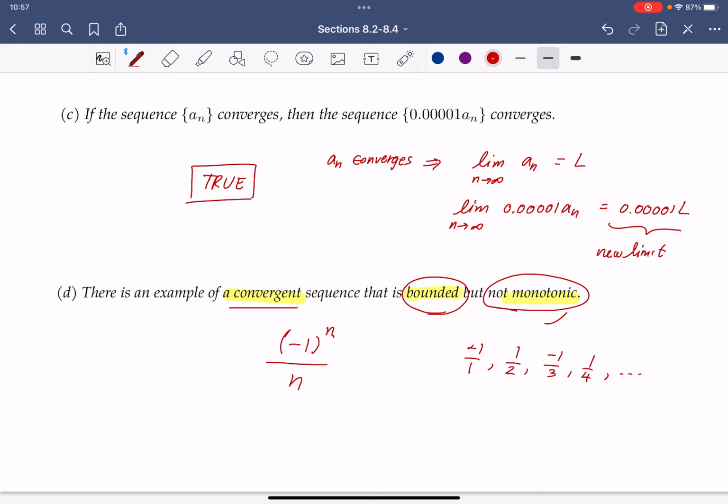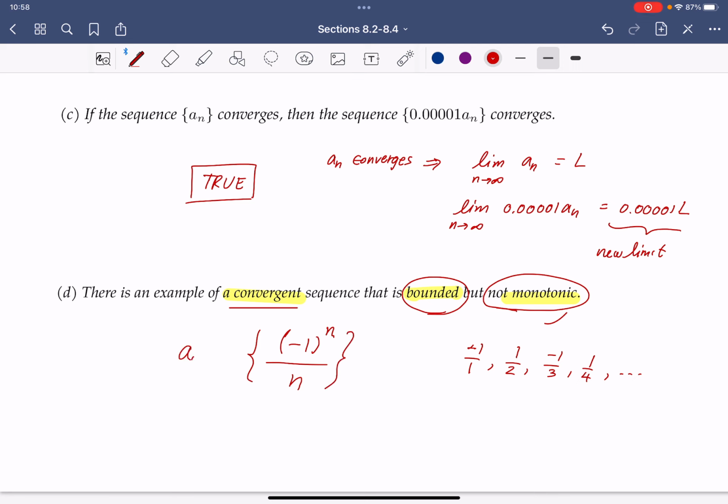You can see that the magnitude is getting smaller and goes to 0 at the end, but the sign swaps between minus and plus. So this sequence should work.